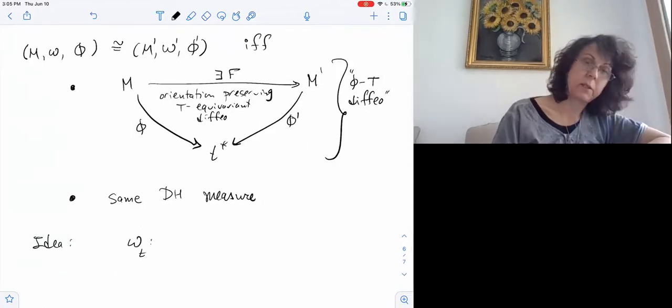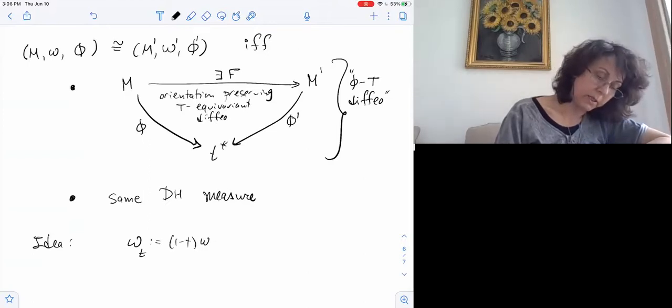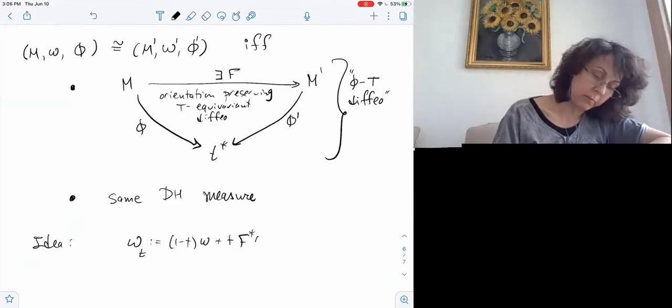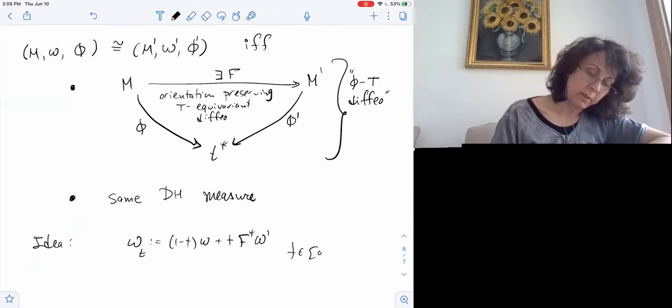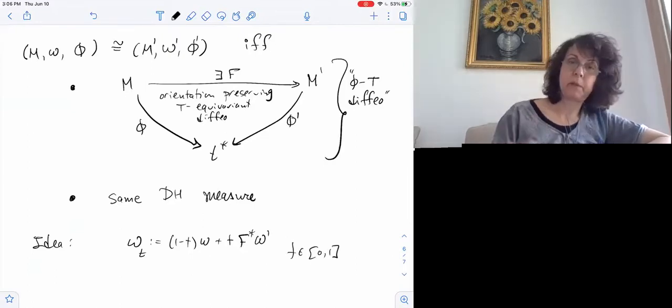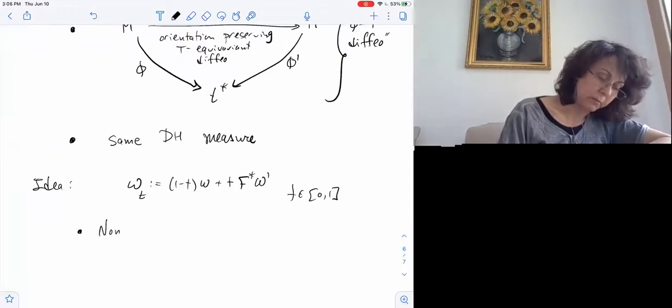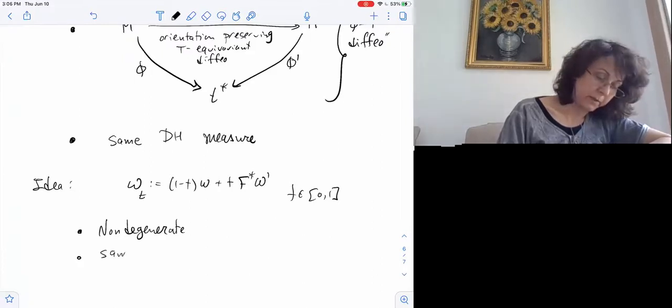If you have such a capital F, then you take the convex combination of your original symplectic structure and the pullback of omega prime under your diffeomorphism. And then you have a whole one parameter family of two-forms. And the complexity 1 assumption allows us to prove that this is not degenerate. So these are actual symplectic forms, and they have the same momentum map.